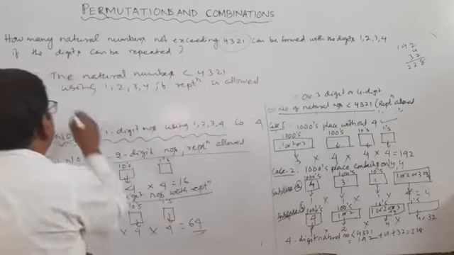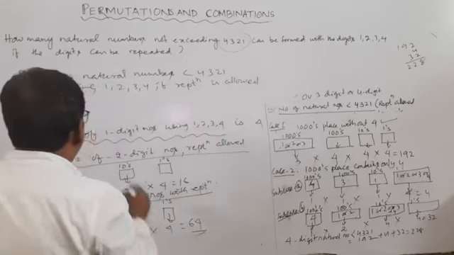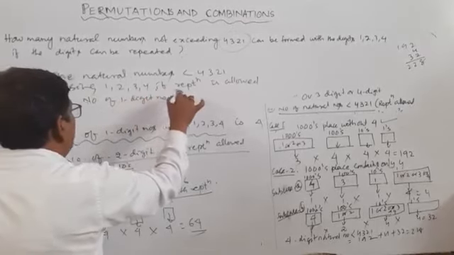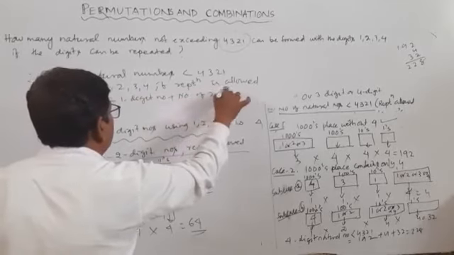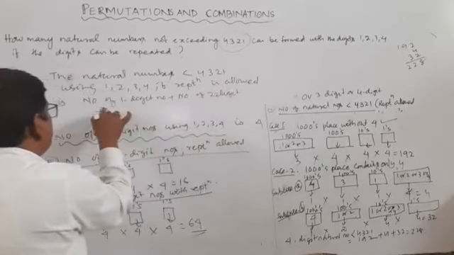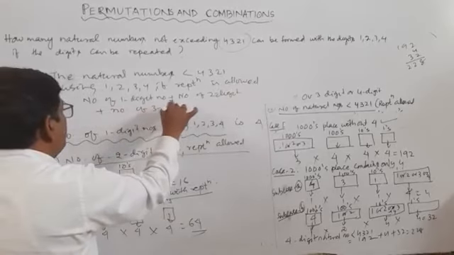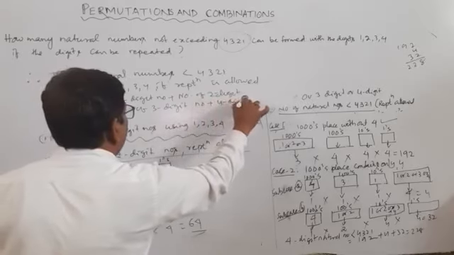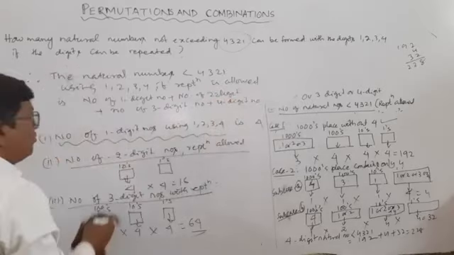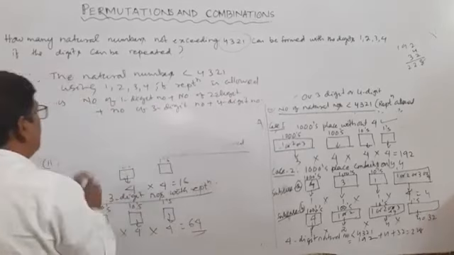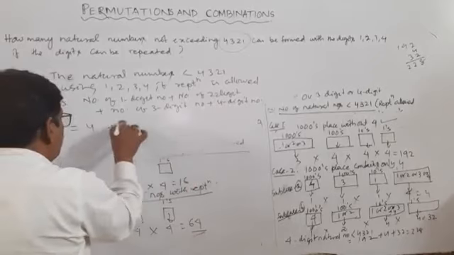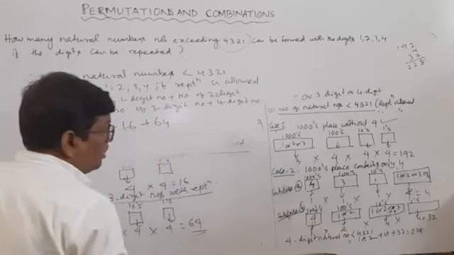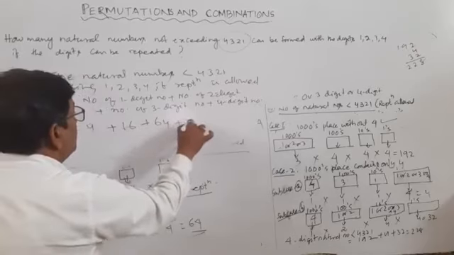If repetition is allowed, it is the number of one digit numbers plus number of two digit numbers plus number of three digit numbers plus number of four digit numbers. So the number of one digit numbers is 4, that is 4 plus 16 plus 64 plus 228.